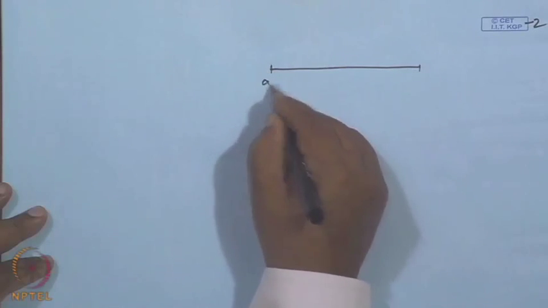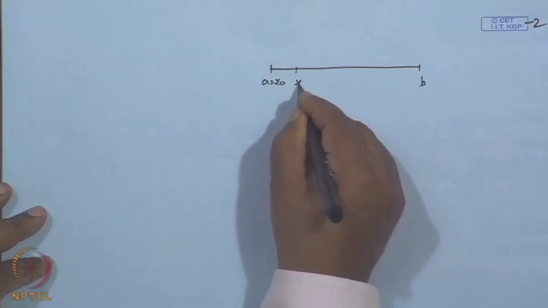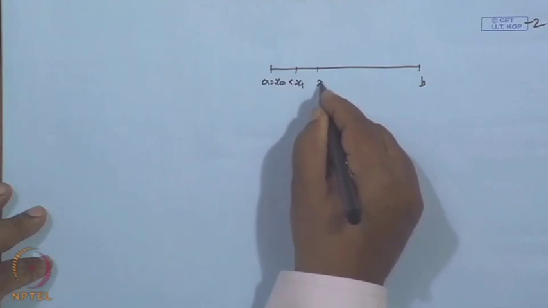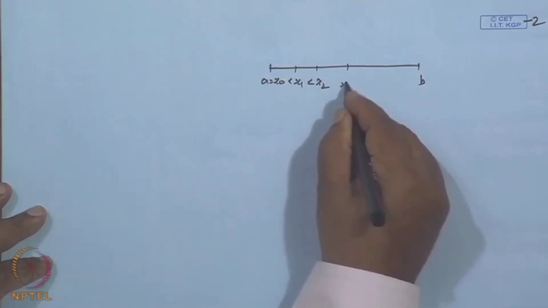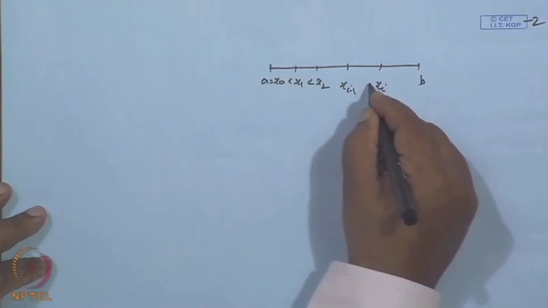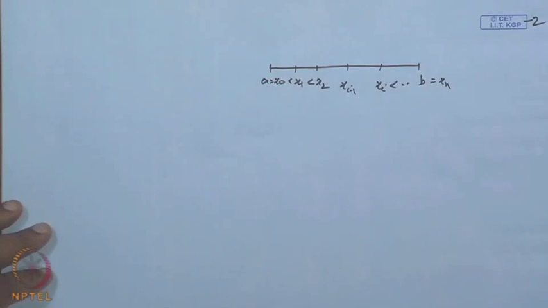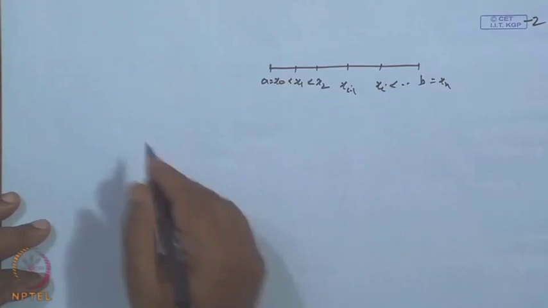Let us again take this interval from a to b, where a is x0, here is x1, say x2, suppose this is xi minus 1, here is say xi, and then like this, and this will be xn.